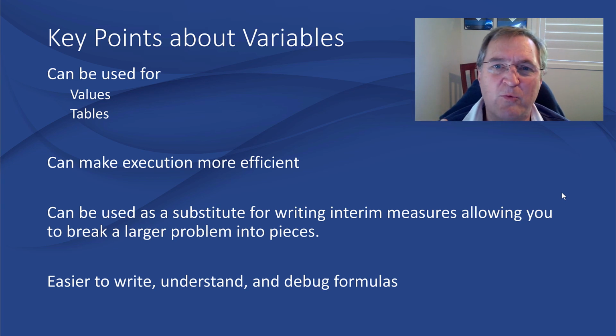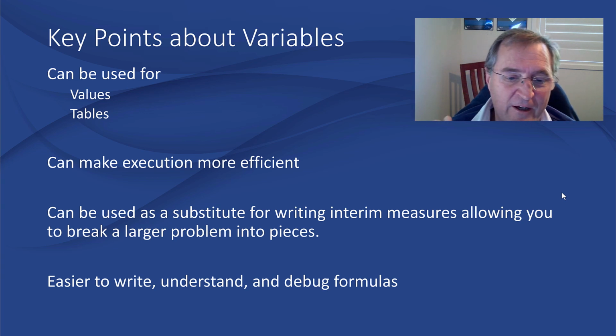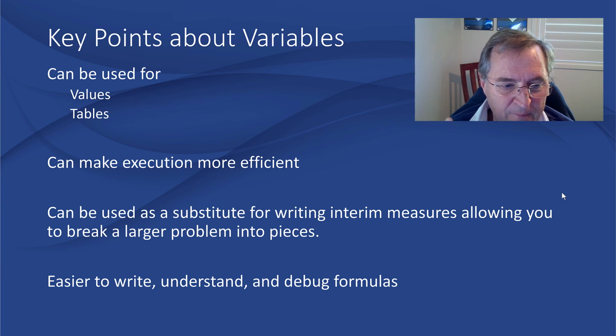That was the best way of breaking a complex problem down into pieces back in the day when Power Pivot for Excel was around. Well, it's still around now, but we also have Power BI. So I tend not to write interim measures anymore. I tend to use variables inside a single measure because it's easier for control and debugging purposes.